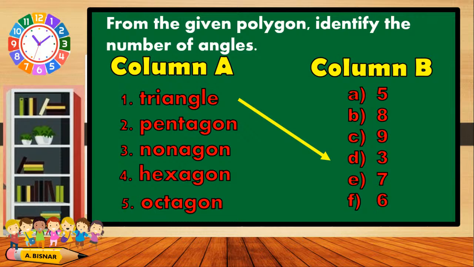It's okay kung sino din yung mauna kasi yung iba ay natatagalan sa pag-send dahil loading. How about with pentagon? Okay, that's correct. Number 2, the answer is letter A. It has 5 sides and therefore it has 5 angles and 5 vertices.